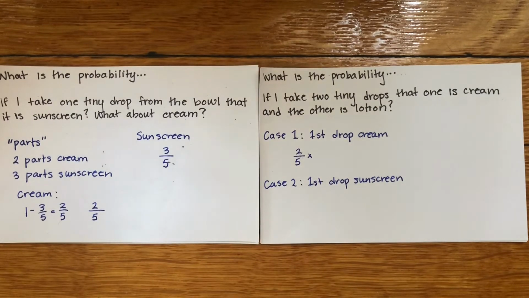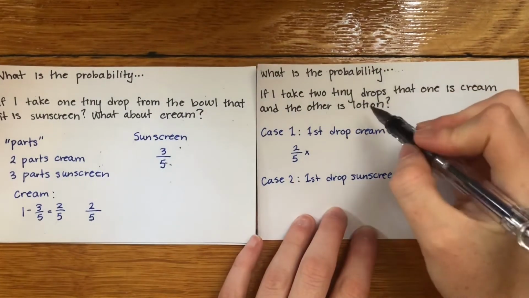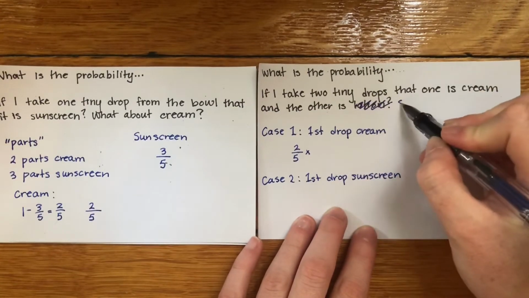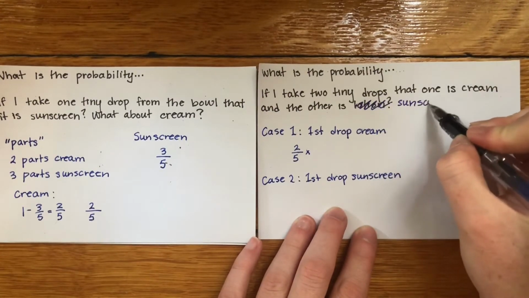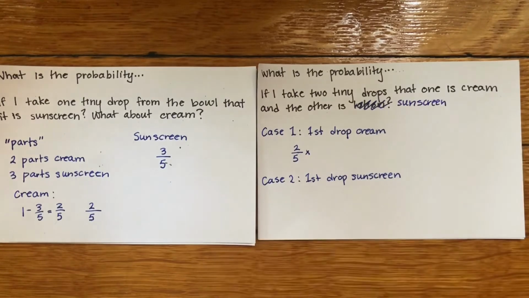So what we're going to assume with this problem, I just saw that this said lotion, don't know why it says that, sunscreen. What we're going to assume is that it doesn't really affect our probability at all, because we're going to assume that we took really big tubes and squeezed them into a really big bowl, and our drops are so tiny, maybe our drops are even molecules.